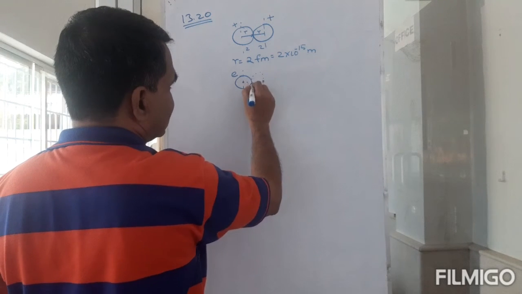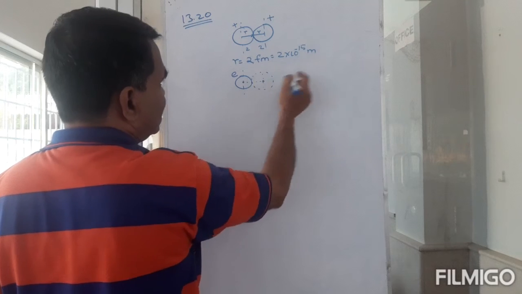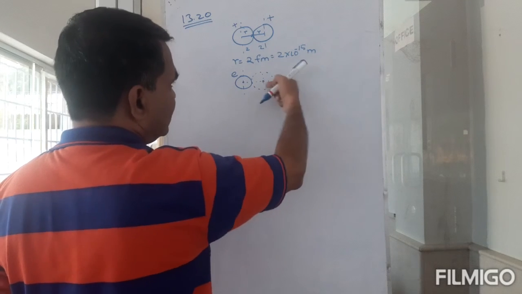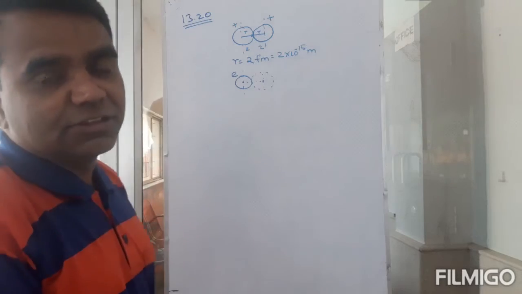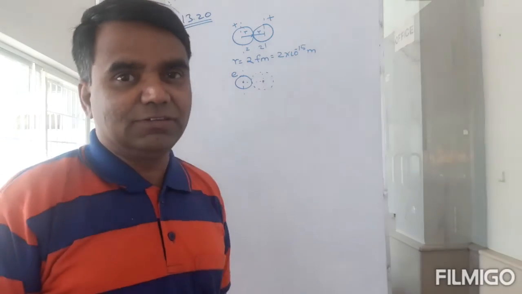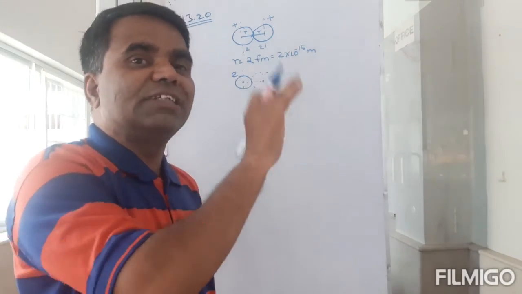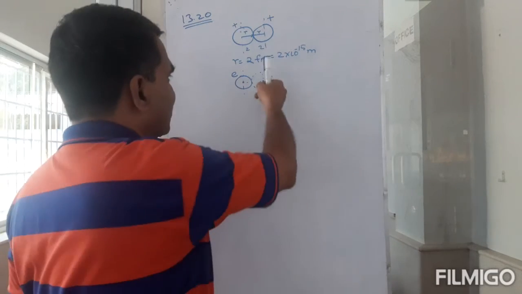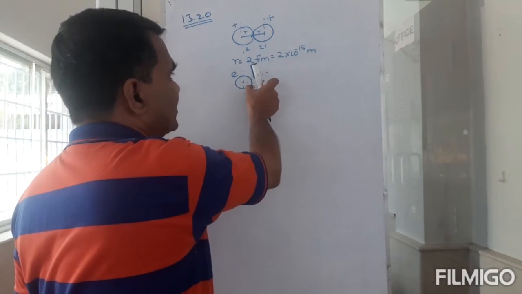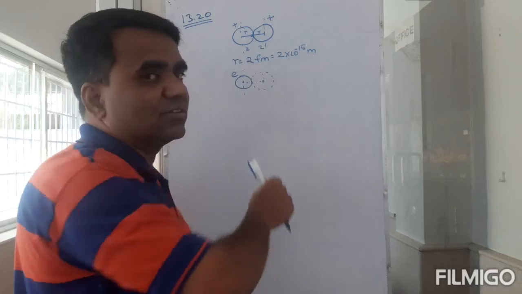What is the work you need to do? And that is the energy it should possess. So that's the potential barrier. You need to give more energy than that for it to come and hit. You should provide at least this amount of energy so that it comes and touches this.